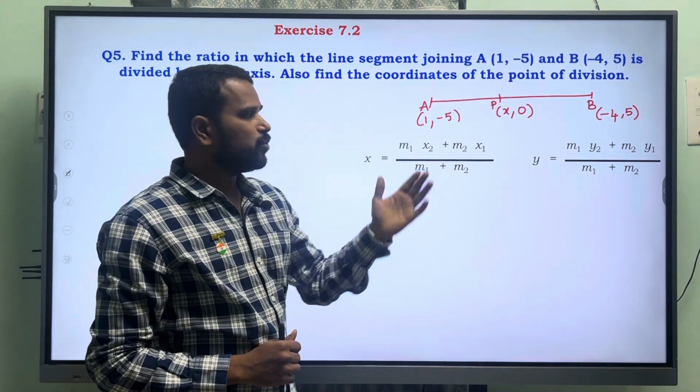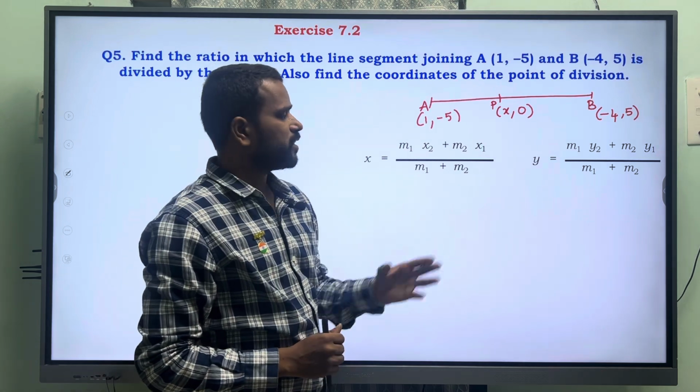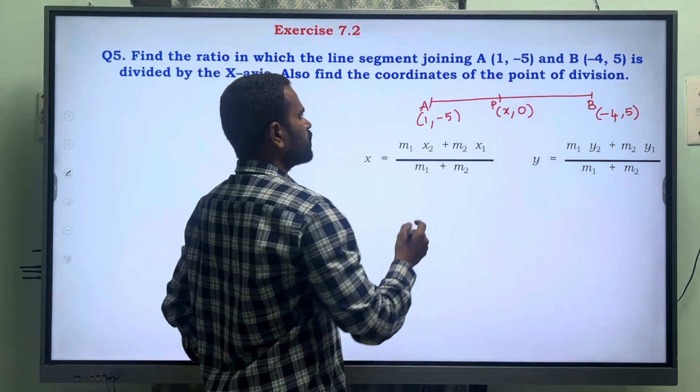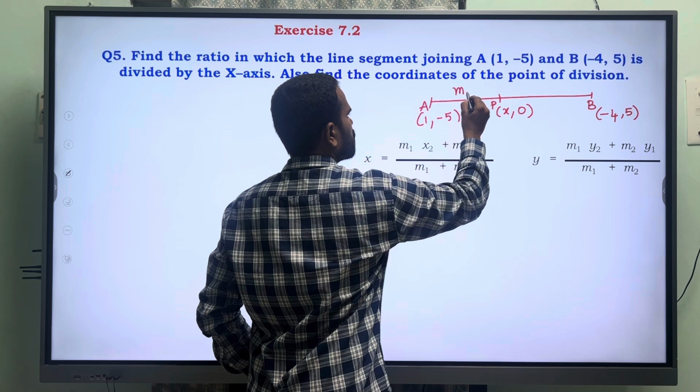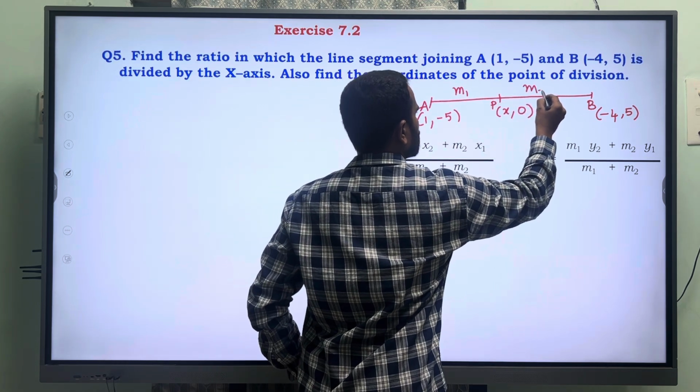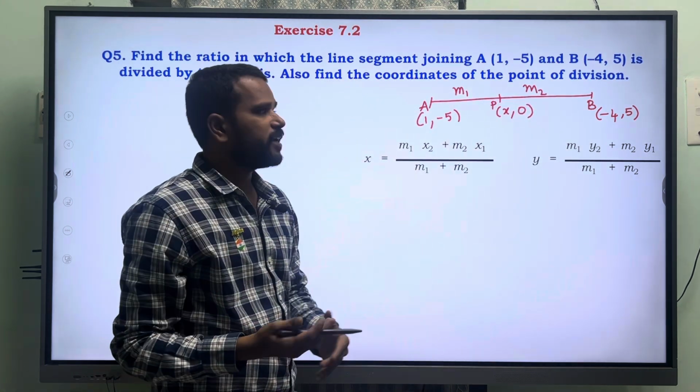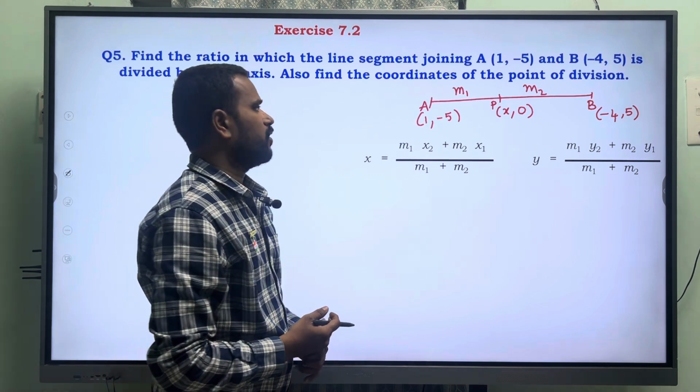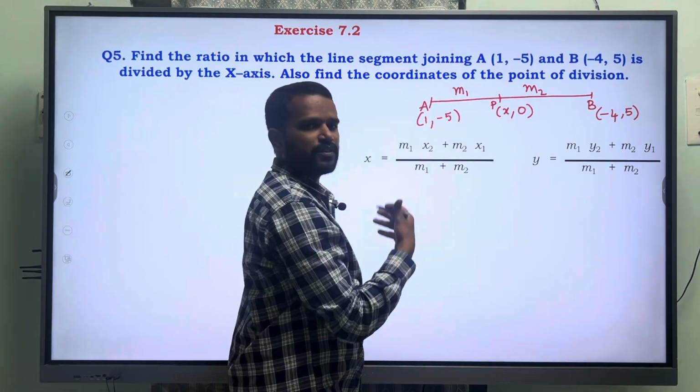Understand? We can do this in two ways, but generally, m1 m2 is the ratio. When we don't know the ratio, we take it as m1 and m2, right? Okay. Now let us do the same way.